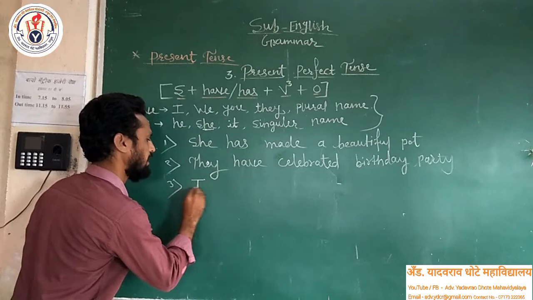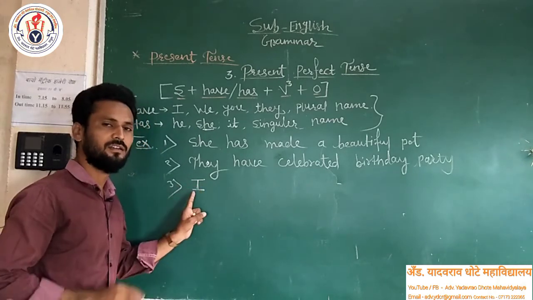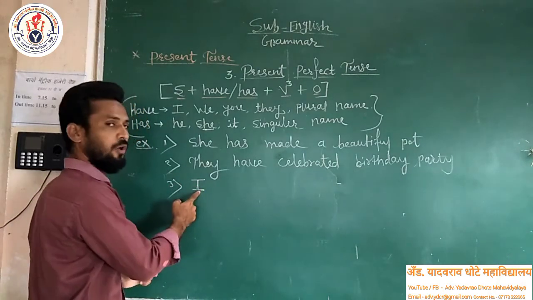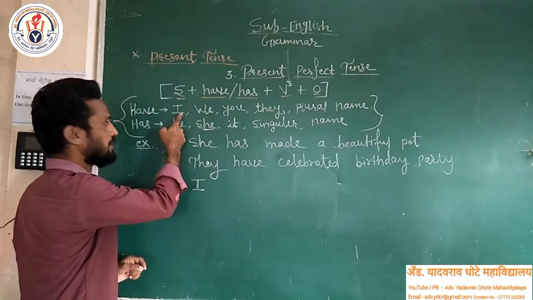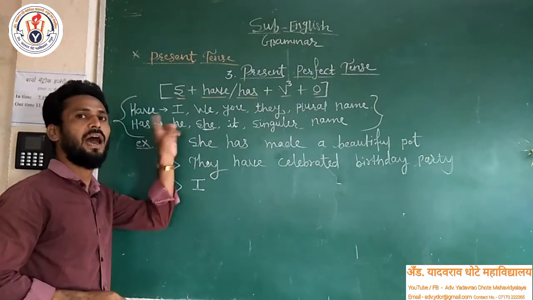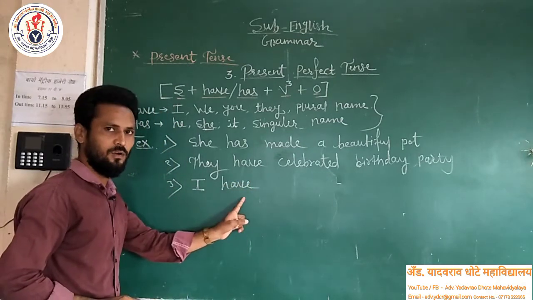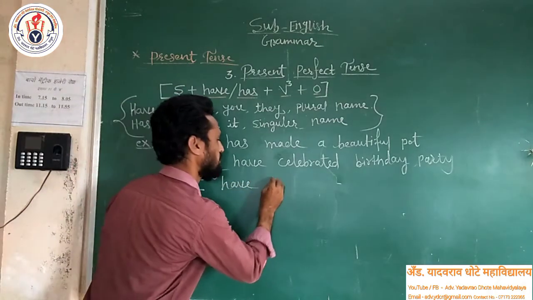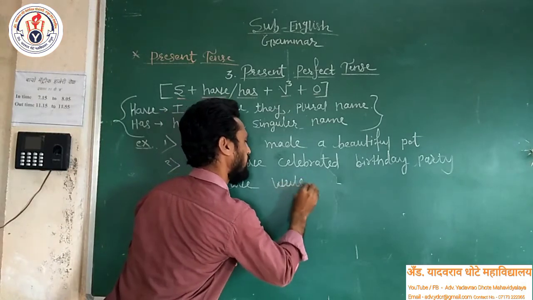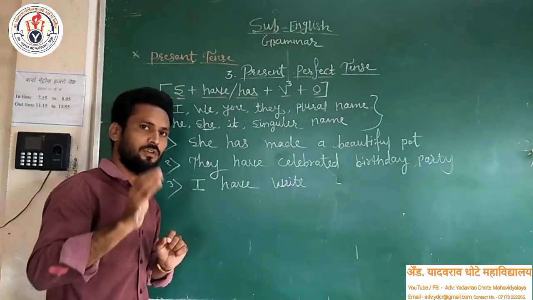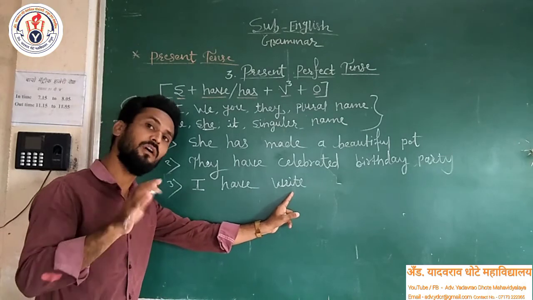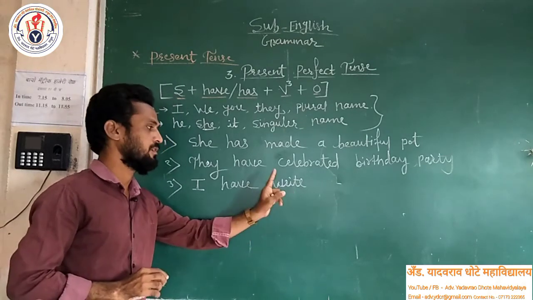The subject I selected here, I wrote here, is I. For the subject I, we have to use have. I have. Then the verb is write. For your understanding, I have written this verb in the first form. Write.